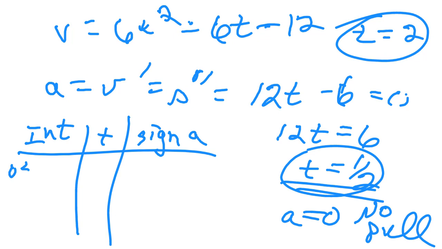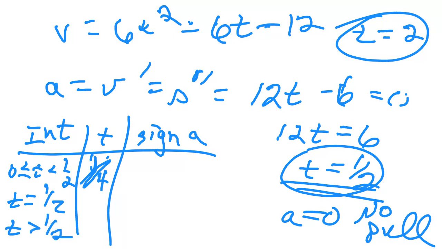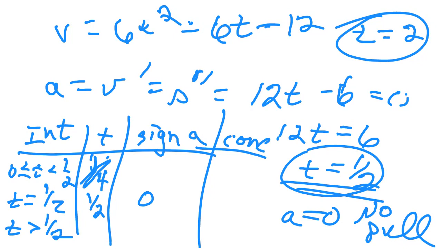So 0 is less than or equal to t, which is less than 1/2 second, with a test t in between, maybe 1/4. Then t equals 1/2 second, and then t is bigger than 1/2 second. At 1/2 second, of course, I know the sign of a is 0. So the conclusion for my particle: there's no pull.